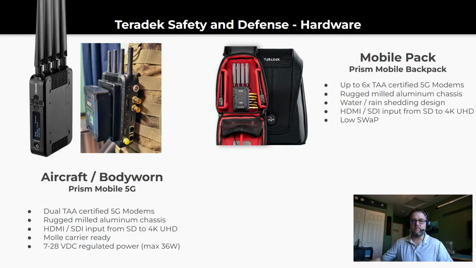It sheds rain. The backpack doesn't, but the rest of our kit still has the same milled aluminum, so it is very resilient to bumps and bruises and slamming it around inside of a squad car. So those are the two most mobile systems that we have.